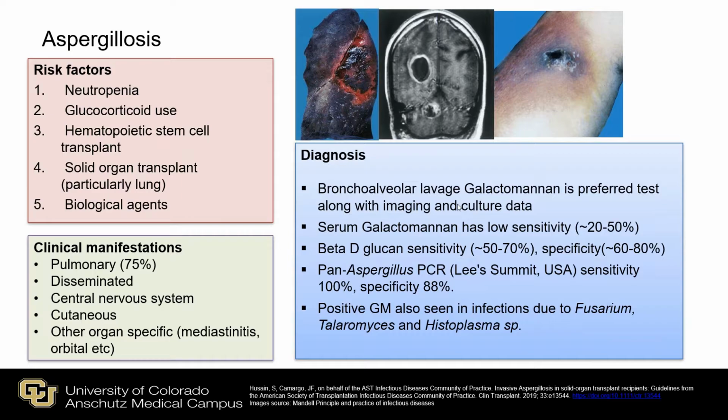So we use this indirect fungal marker in many of our patients. And the bronchoalveolar lavage galactomannan is the preferred test for pulmonary aspergillosis, along with, of course, CT imaging and culture data.